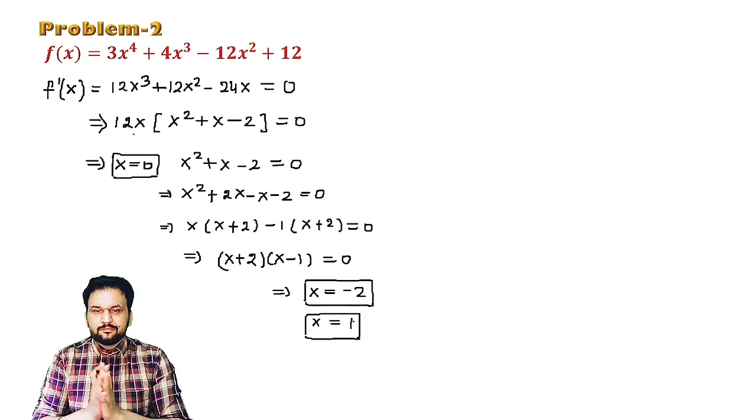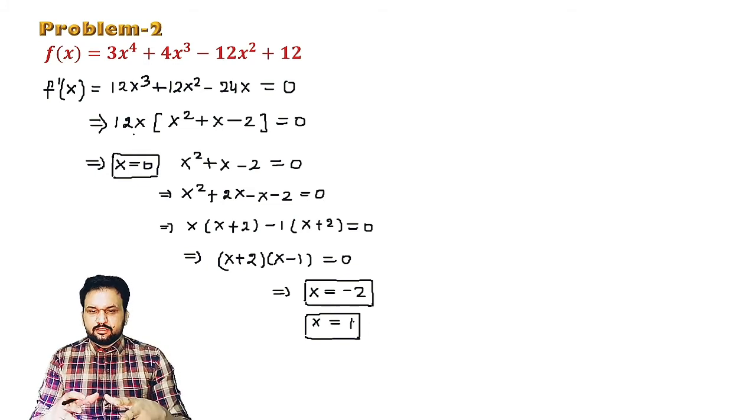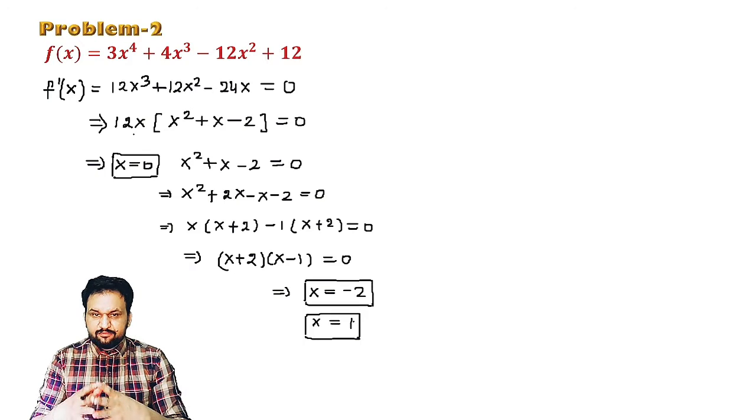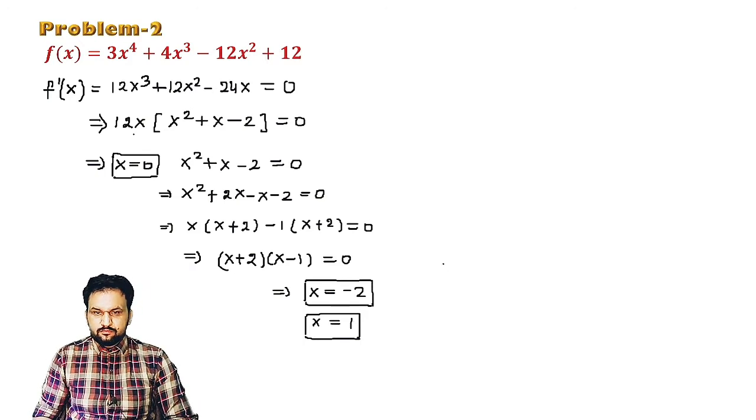No problem at all. Now it's time to find the values of the second order derivative, and we will replace all the points in the second order derivative. Let's see. So here we have the function's first order derivative.